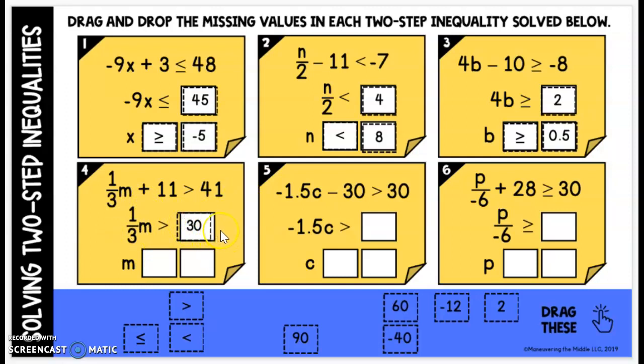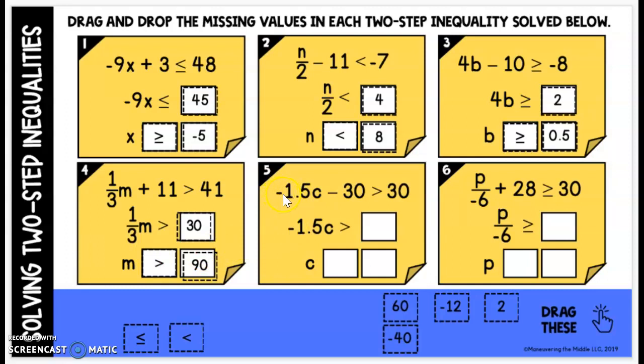Then I multiply the 30 by 3/1, which is 90/1, which would just be 90. Hopefully I said that right all the way through. And then I just bring down my sign. It does not change because my variable is not being multiplied or divided by a negative number.